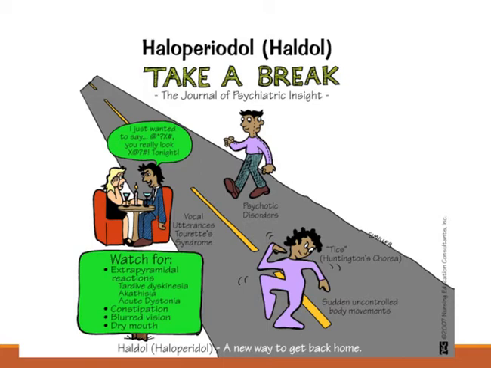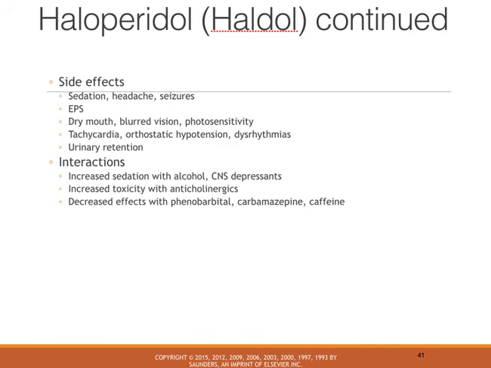So what are we going to watch for? We're going to watch for extrapyramidal reactions, tardive dyskinesia, akathisia, acute dystonia, and then your anticholinergic effects: constipation, blurred vision, dry mouth. Side effects, we've touched on that. Some interactions: there's an increased toxicity if we give it with other anticholinergics.